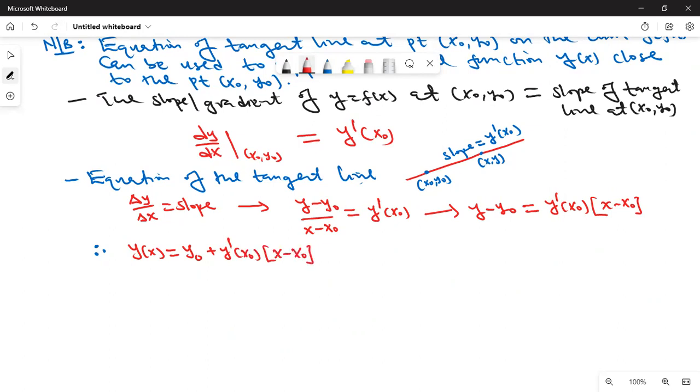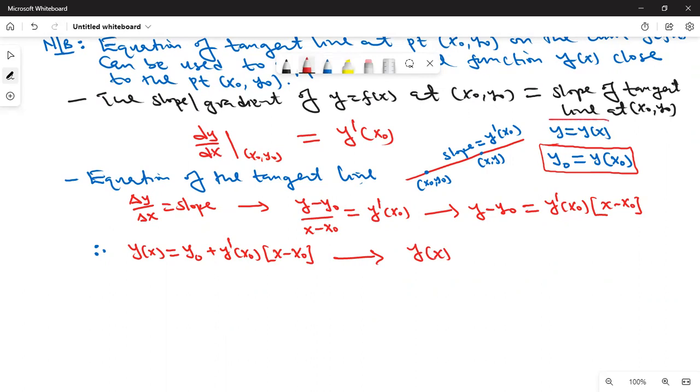What I'm calling y naught, take note that the y naught here is the value of y when x is equal to x naught. So when I make that substitution, instead of y naught, I'm going to write y of x naught. And since y here is a function of x, instead of y, I'll write y of x.